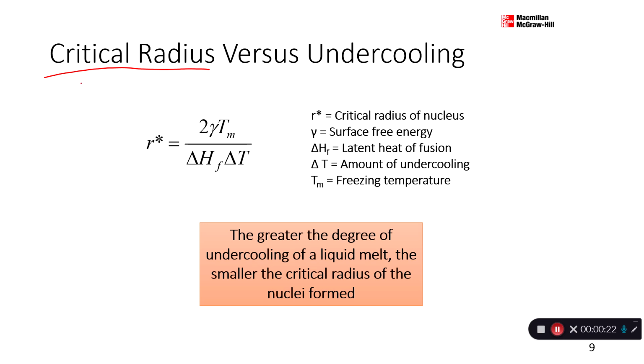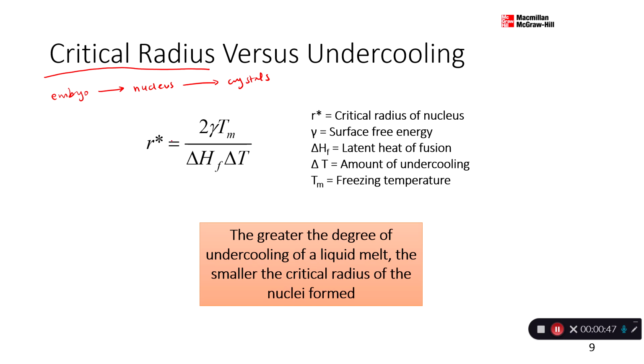It is the radius that the embryo needs to achieve before it turns into a nucleus that can grow into crystals. So critical radius is important, and we're going to look at what factors affect it.